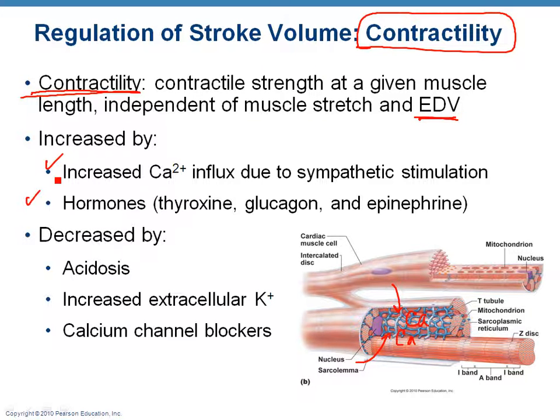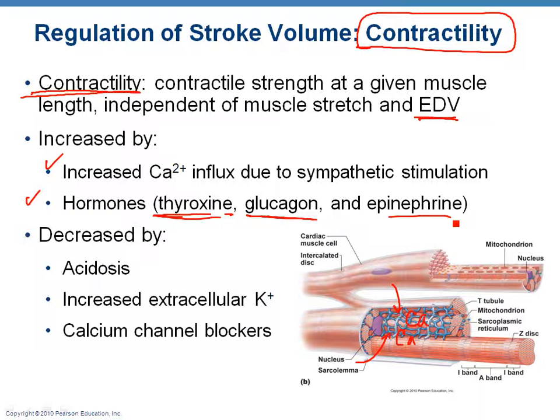And then there are hormones, all of which you will learn about in Unit 2 of Biology 202: your thyroid hormones, glucagon, and epinephrine produced by your adrenal glands. All of those are able to stimulate greater contraction force as well.